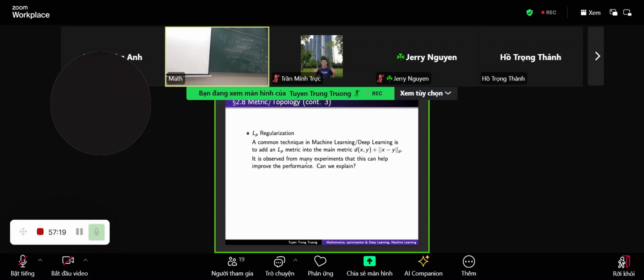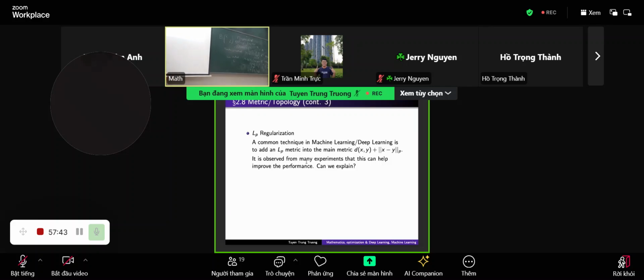And from a theoretical viewpoint, one explanation is that usually if you have a function, it might not be good, but if you perturb it a little bit, then it will become a Morse function. So I recall what it means to be a Morse function.